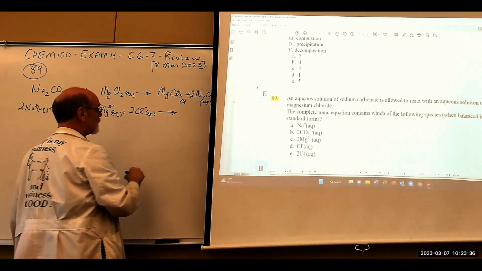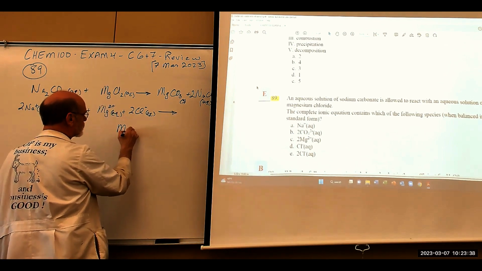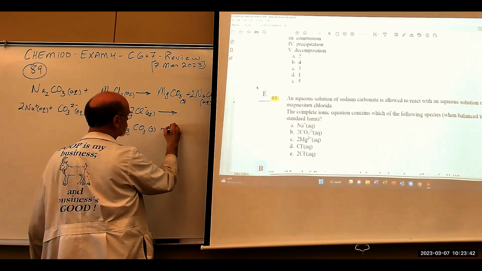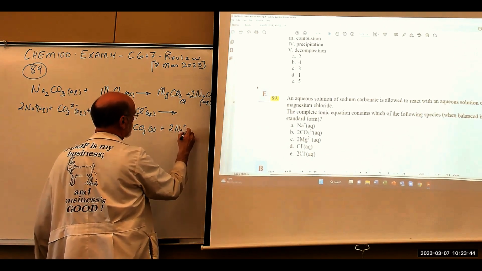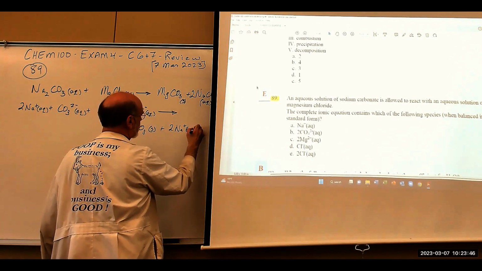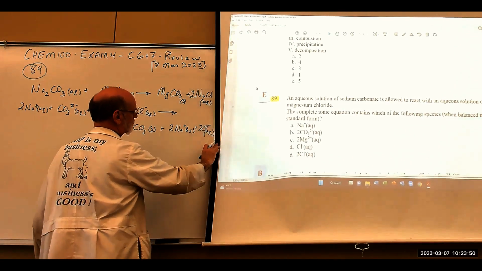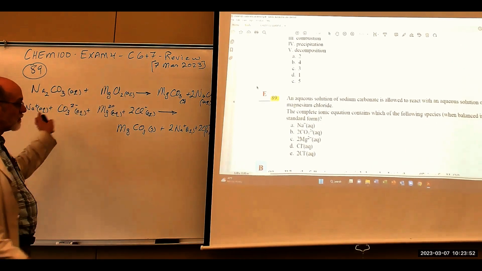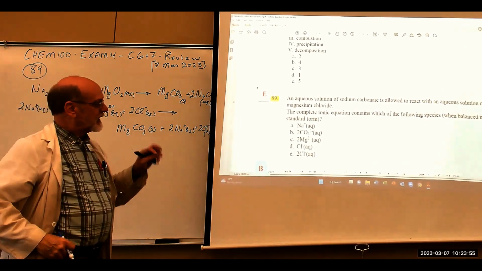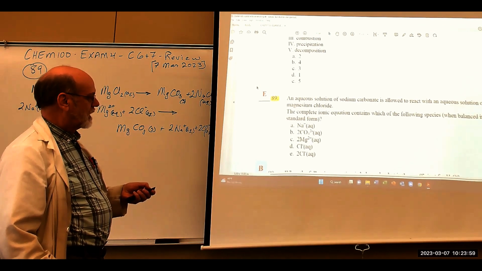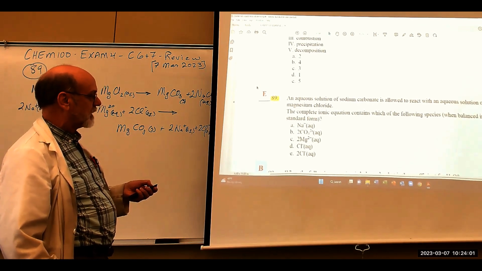Then we have our solid, and we have 2 sodiums and 2 chlorides. Okay, that's our complete ionic equation. That's as far as we need to go.